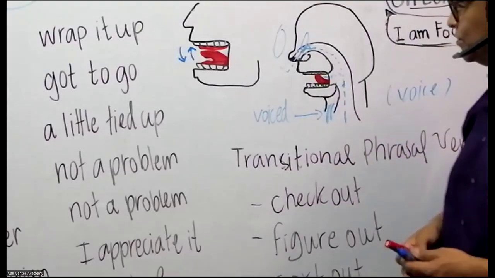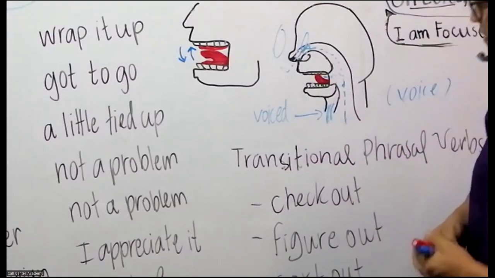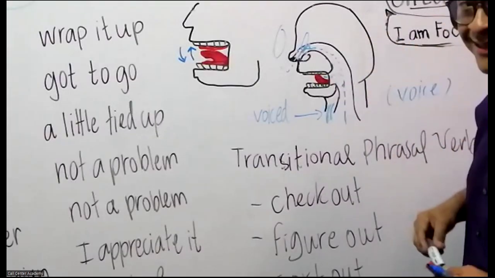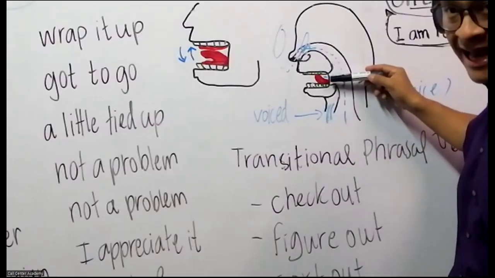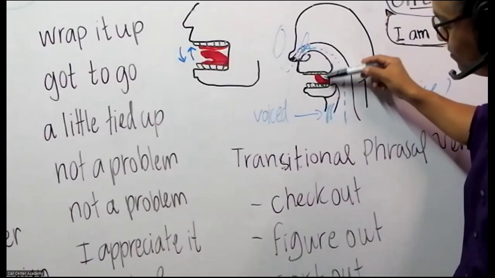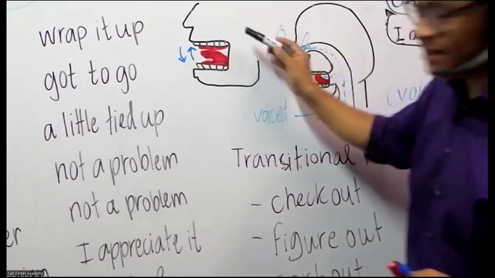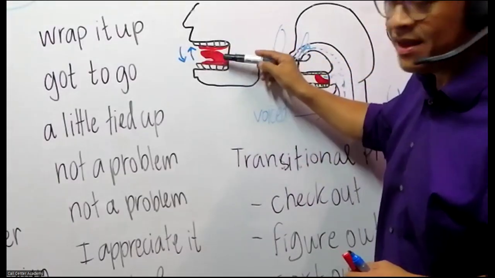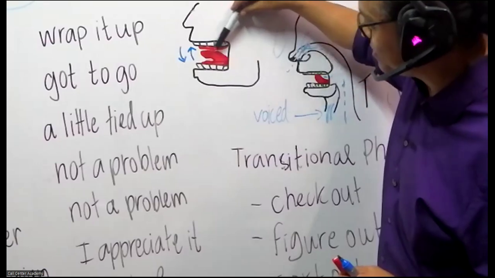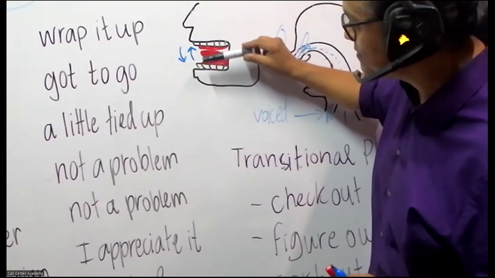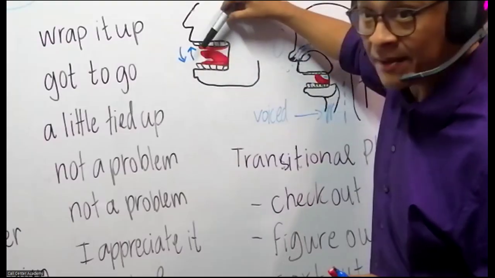Now, when it comes to the flap T, we're going to use our tongue. Our tongue is going to play a key role. Let's go on to this graph over here. In this graph, I tried to demonstrate how the tongue quickly taps or touches the palate.